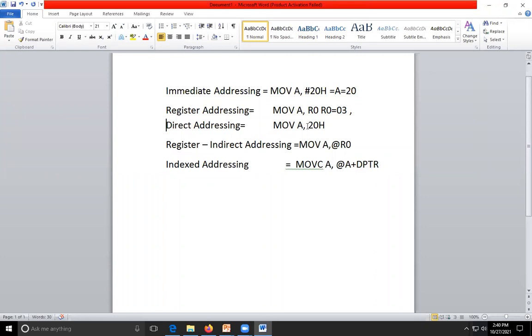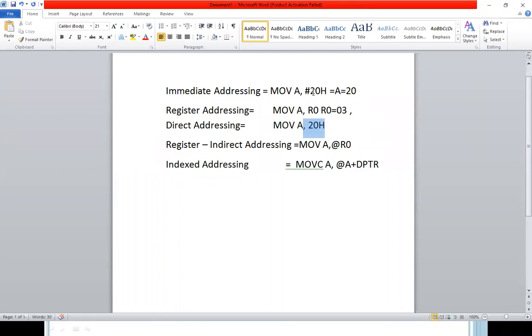Here it is 20H: with the hash, it is immediate addressing mode; if it is not hash, it is direct addressing mode.